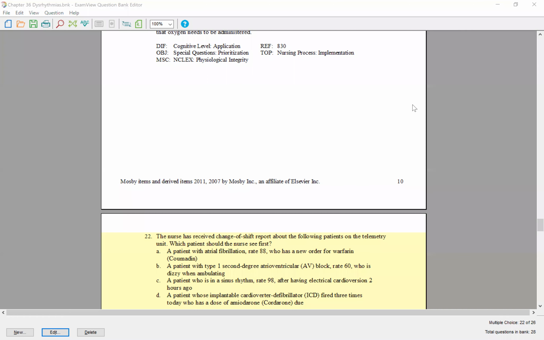Because the letter B patient, the one with this first degree block, the rate is 60. However, they're dizzy when ambulating. So with first degree block, you simply have them sit down and they'll be fine. However, this patient in D has an ICD and it fired 3 times. So why did the ICD fire?